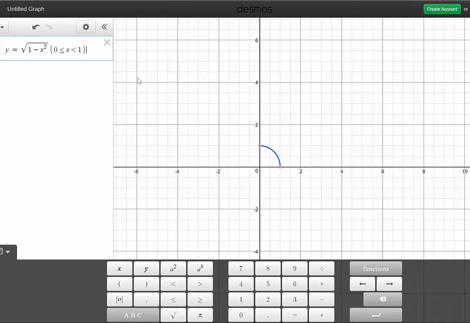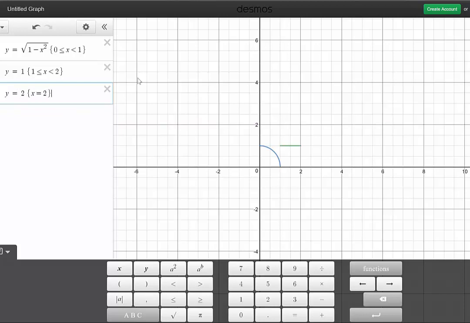And that's the first part of our piecewise function. The second part is y equals 1 when 1 is less than or equal to x, which is less than 2. Then we have y equals 2 when x is equal to 2.